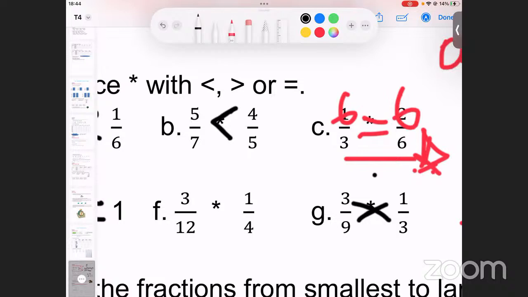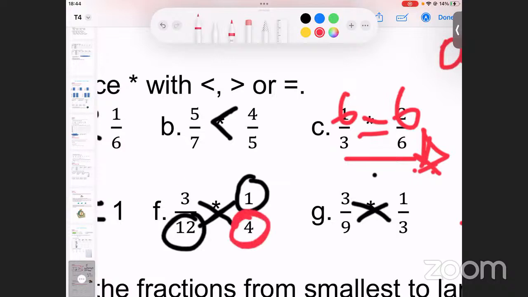Wait, that's not what you do. You cross multiply. That means this denominator is going to multiply this numerator, and this numerator is going to multiply this one. Whatever you get when you multiply 3 and 4, you write it here, and whatever you get for this one, you write it here.